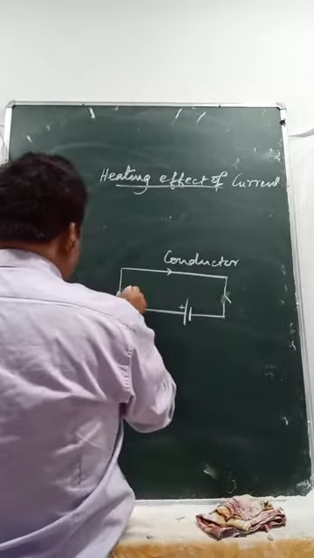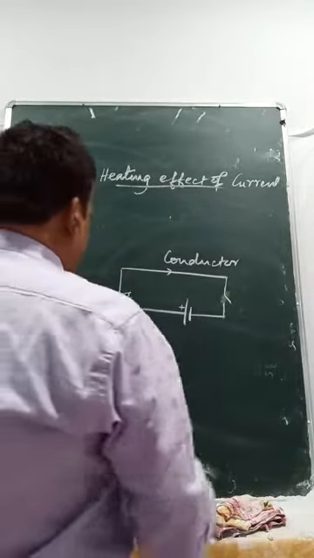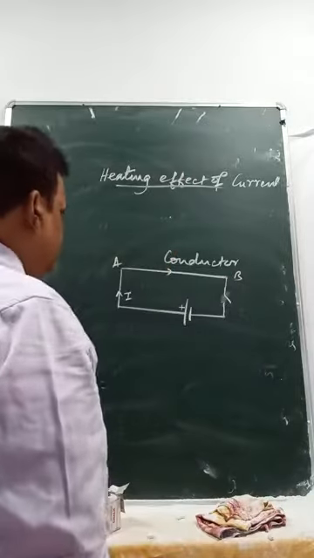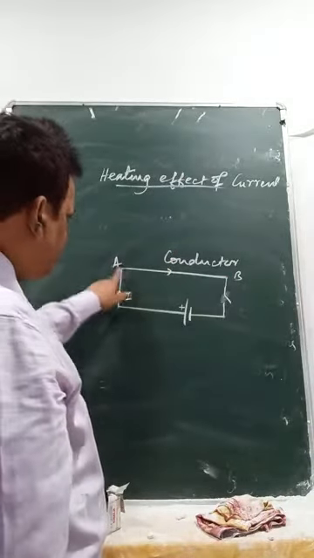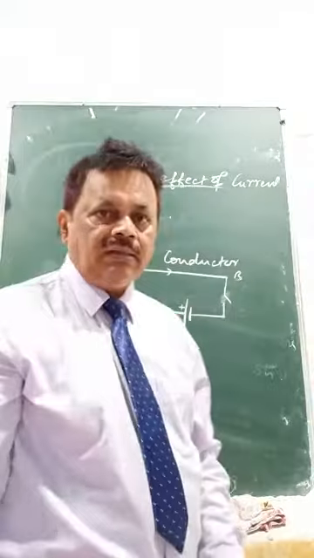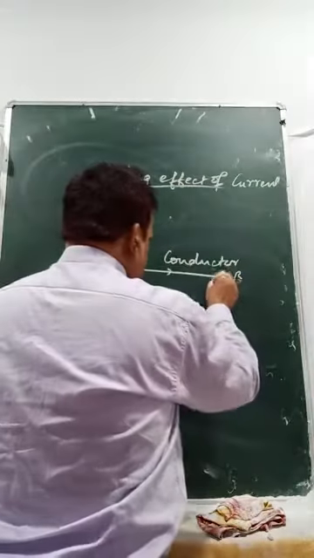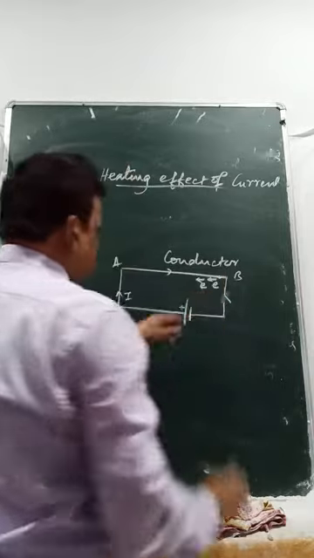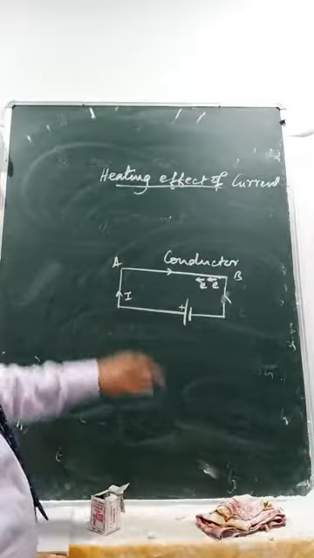This is the current I flowing here. Suppose this is point A, this is point B. Now what happens here? This is the positive terminal and this is the negative terminal. So electrons start moving in this direction because electrons will be attracted to the positive terminal.